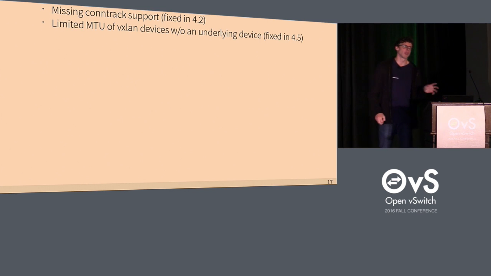You could not create a VXLAN device with an MTU larger than 1,400, but it got fixed in 4.5. So it means that with older versions, if you didn't backport a patch, you couldn't take advantage of jumbo frames, which are quite present in the existing cloud environments.